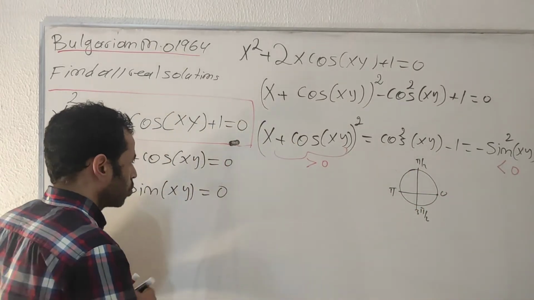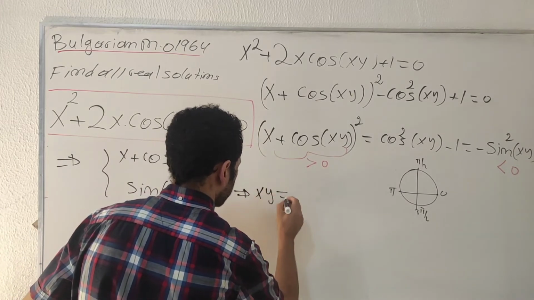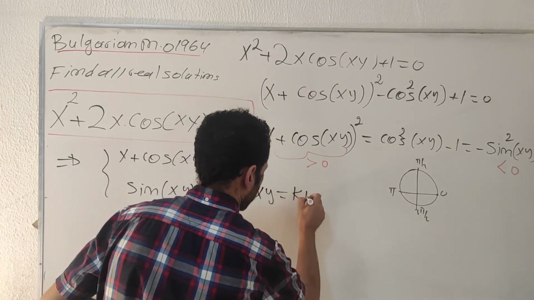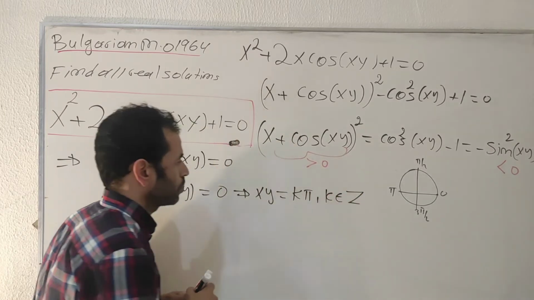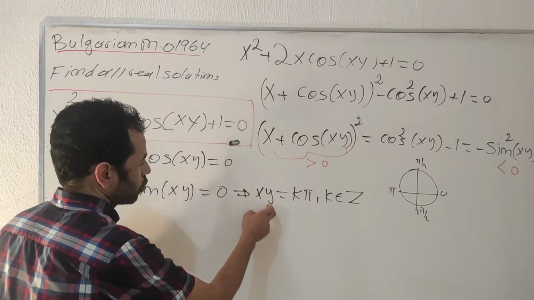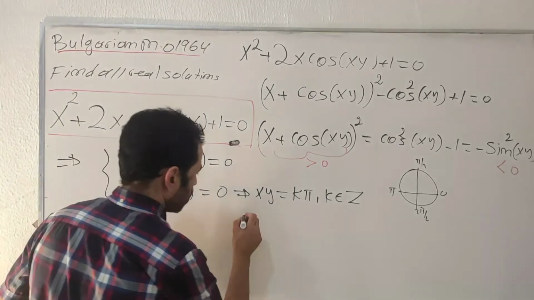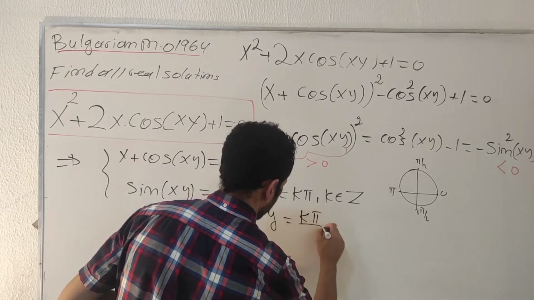So xy must be written in the form k pi, where k is some integer. k could be negative or positive. Writing y in terms of x, I get y equals k pi over x.